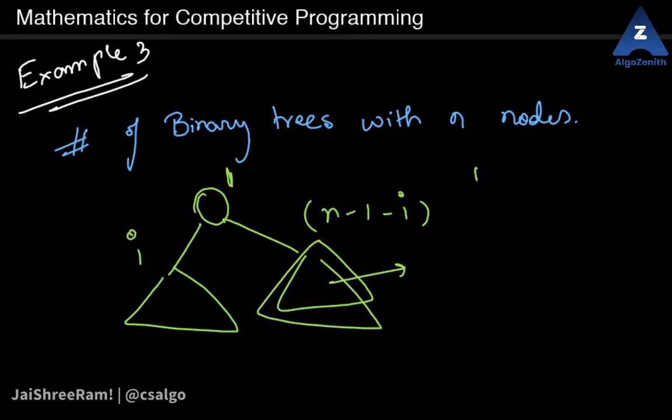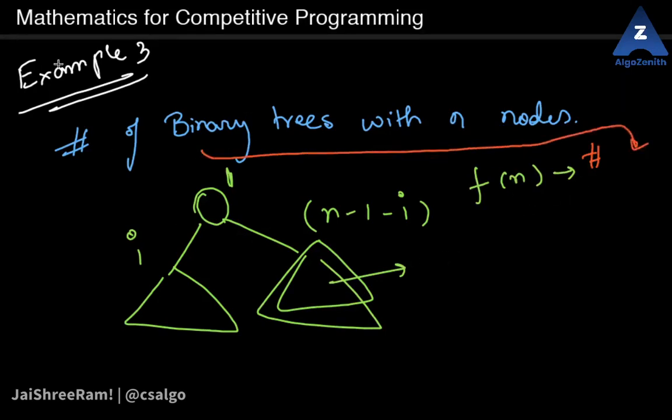So let's suppose f of n gives you the number of such binary trees. So now if we try to find out the recurrence for f of n, f of n is nothing but summation of, you take one of the nodes to be the root, and based on how many nodes you decide to go on left and right, this is nothing but f of I multiplied by f of n minus 1 minus I, okay?